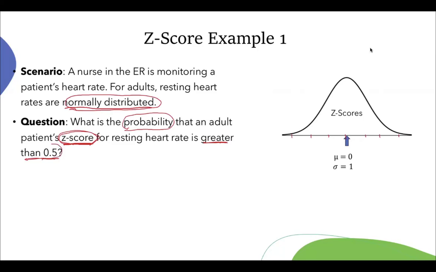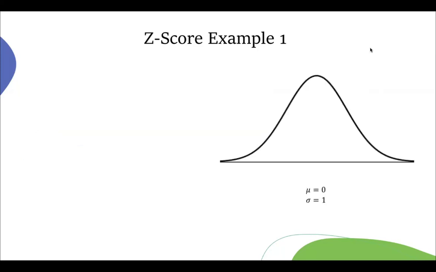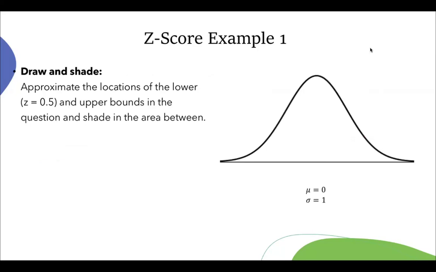The z-score of 0.5 is located halfway between z equals 0 right here and z equal 1, a little to its right. So let's mark up the horizontal axis with z-scores. Okay, let's take note of where z equals 0.5. Where does z equal 0.5? So it's going to be right here between 0 and 1.